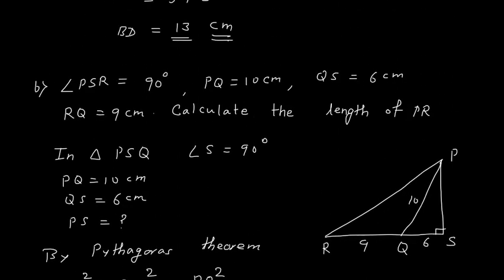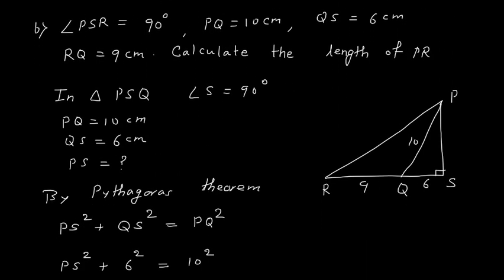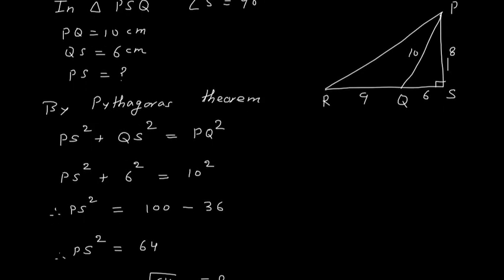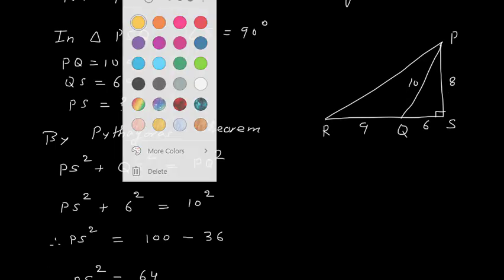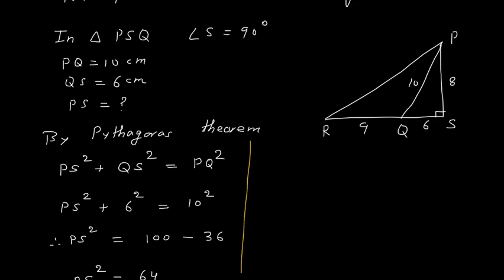Now we got the value of PS. This PS is 8. Now I can take triangle PSR, in which PR is unknown and the rest of the sides are known. So in triangle PSR, we have angle S as 90 degree.